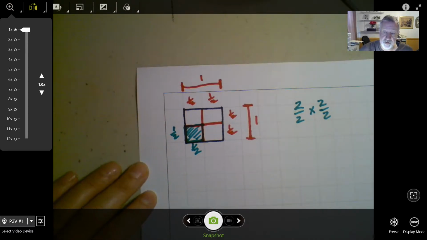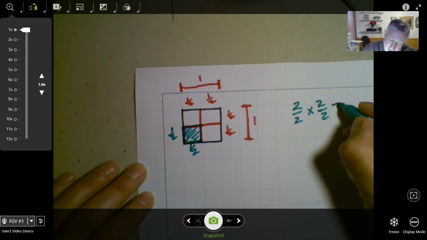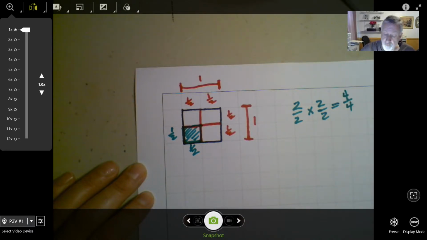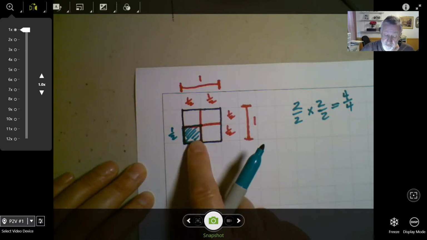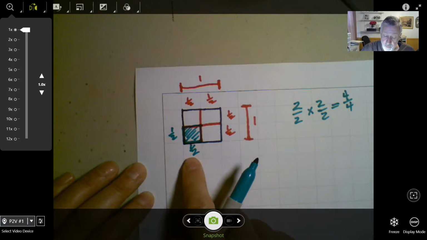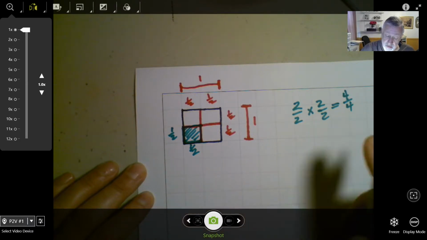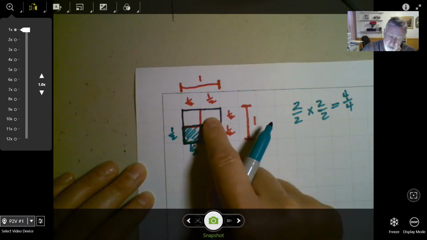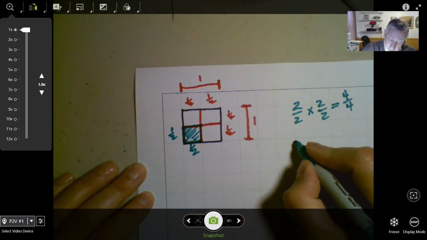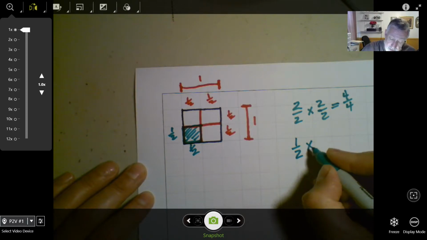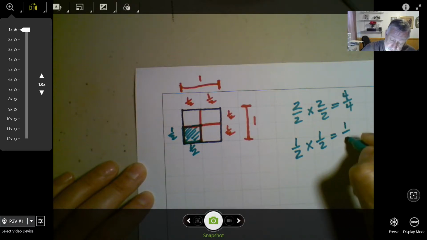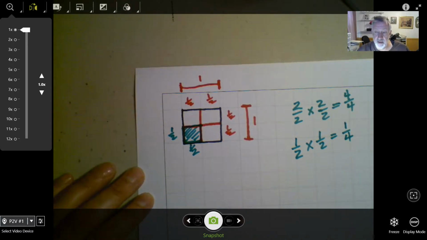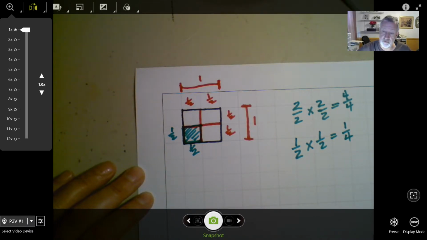There we go. 2/2 by 2/2 gives me 4/4. So that's 1 by 1 or 2/2 by 2/2. And if I just look at a piece that is 1/2 by 1/2, I get 1 out of 4. So 1/2 by 1/2, or 1/2 times 1/2, equals 1/4.